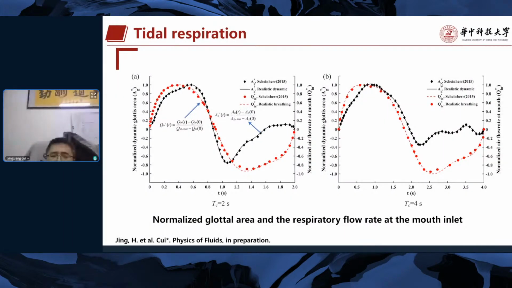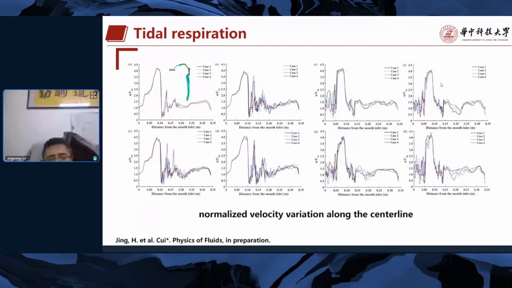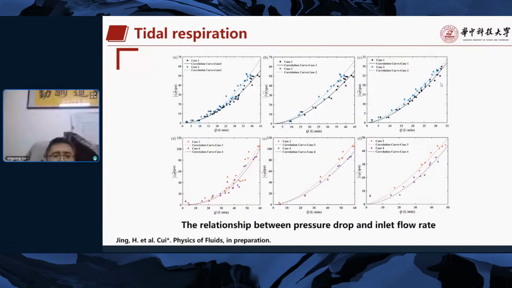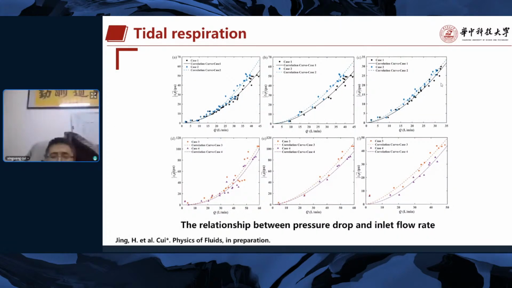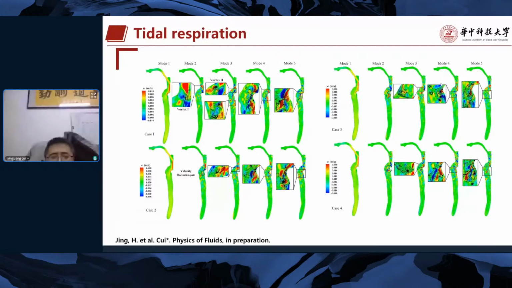We also consider the impact of the respiration frequency. Due to the time limit, I will not continue talking about my research here.